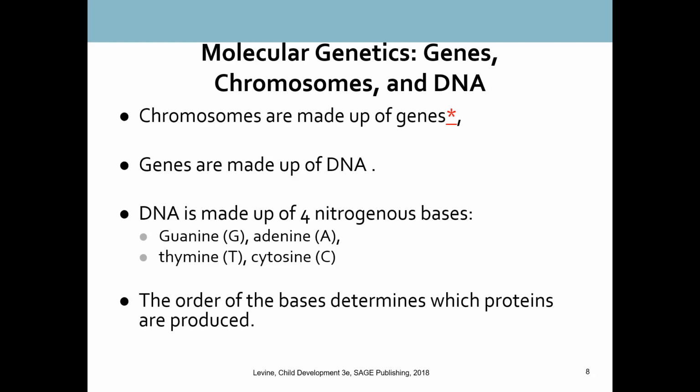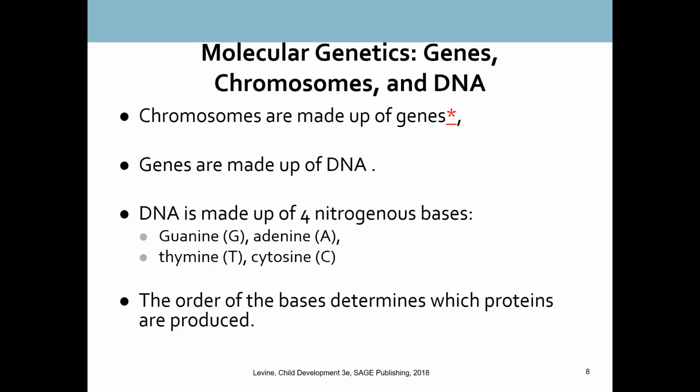Genes are made up of DNA. Going from big to small, we have a nucleus, which contains your chromosomes, your 23 pairs. Segments of the chromosomes are genes. You can slice up a chromosome into a whole bunch of little segments, and the actual material that makes up the genes and the chromosomes is what we call DNA.